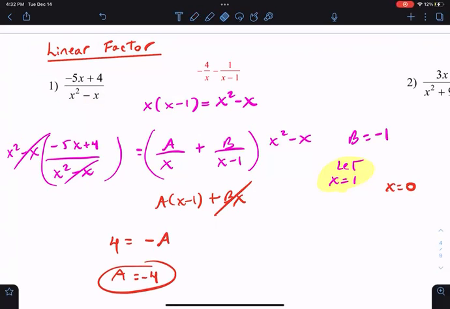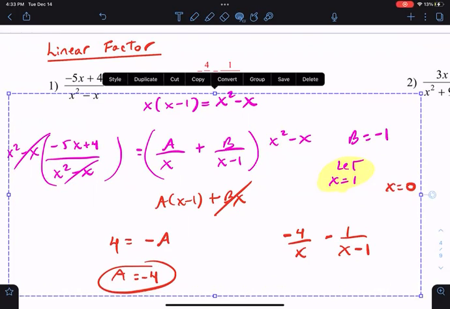Okay? So that's how you do that, and then you plug it in. So that's the answer for problem 1. Okay. Next question.